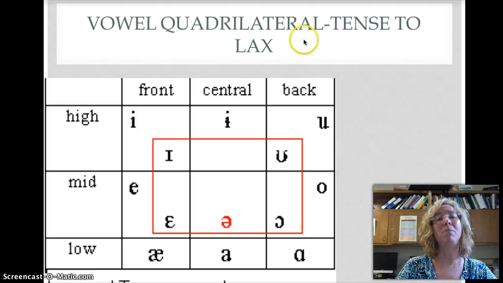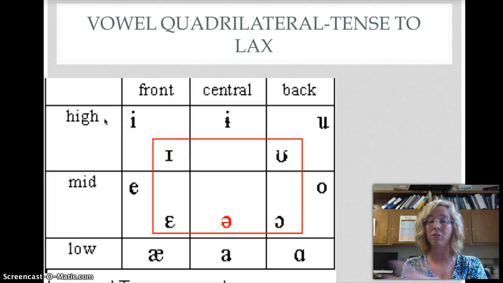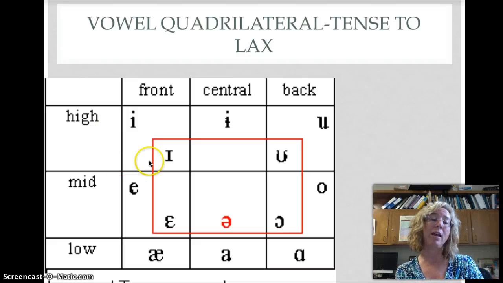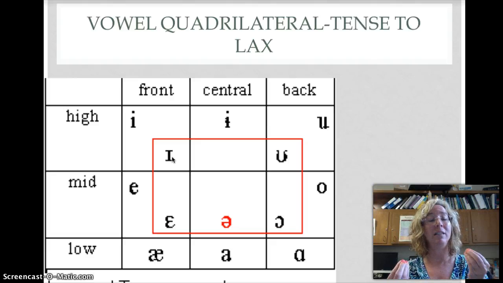We also talk about vowels as being tense to lax. Here, again, this is just that same quadrilateral made in a little bit different way. This vowel is the E as in he. It is a high front and it's a tense vowel. The vowel I as in hid is a lax vowel.